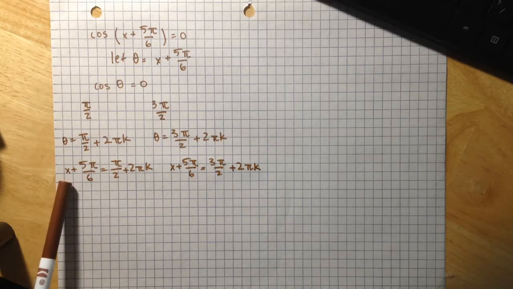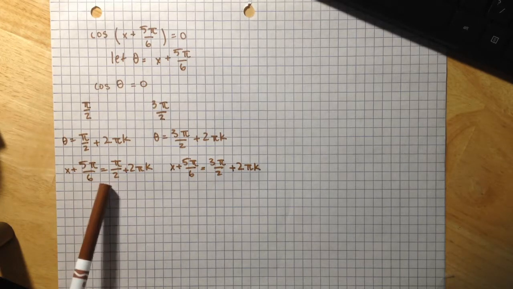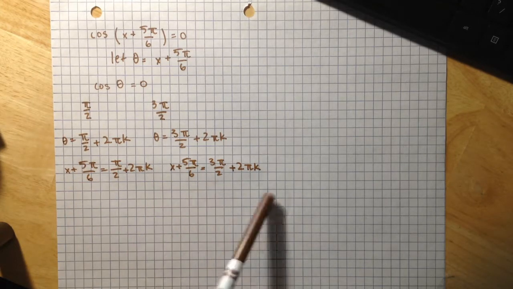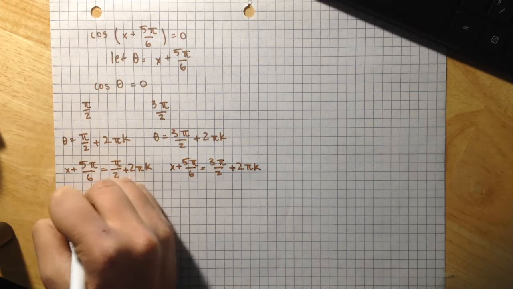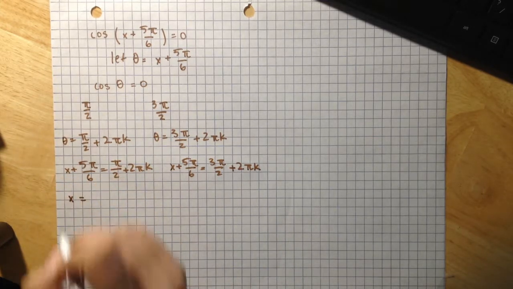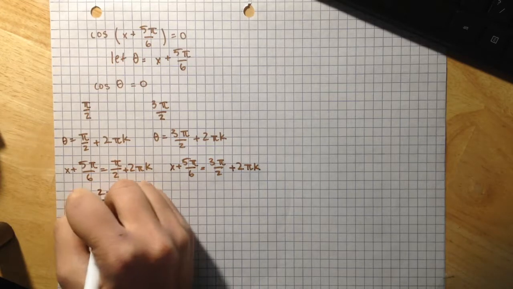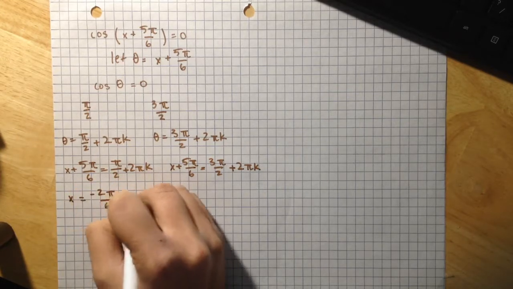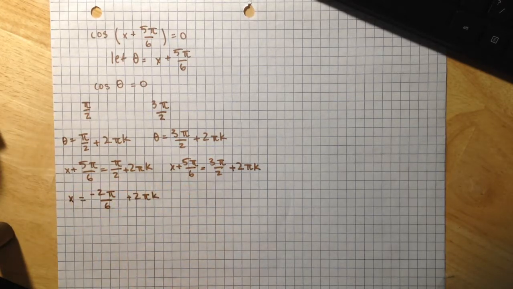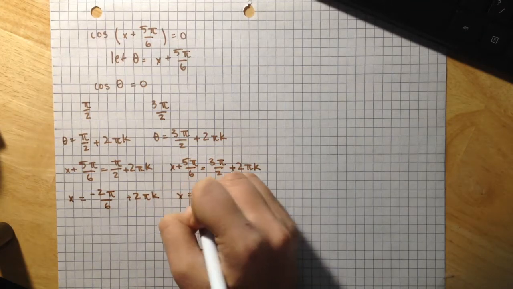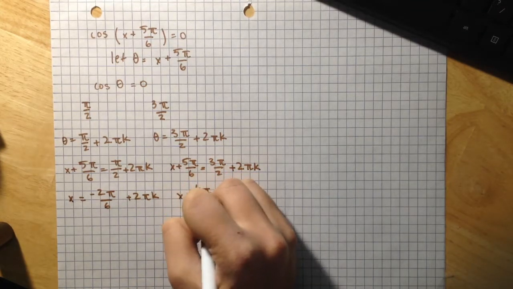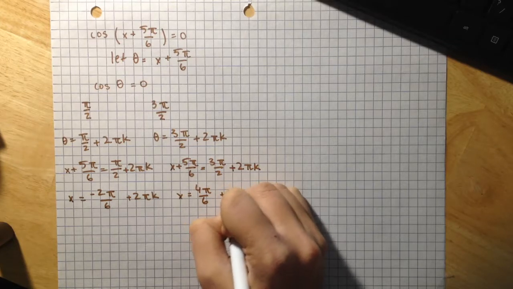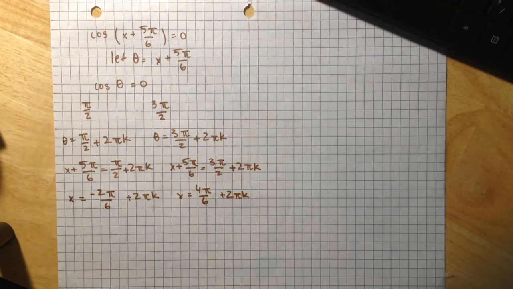And let's isolate x by subtracting 5π/6 to the other side for both of these equations. So we get x equals -2π/6 + 2πk, and x equals 4π/6 + 2πk.